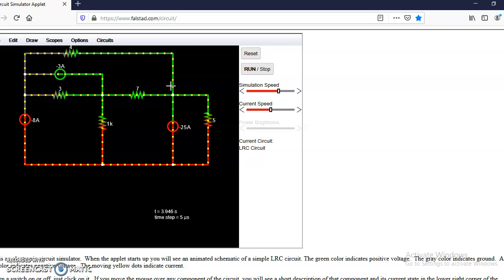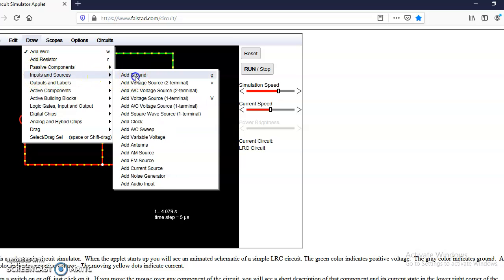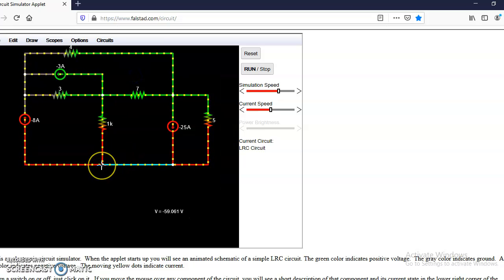We have completed the circuit diagram, but this is node analysis. Node 1 will be over here, node 2 over here, node 3 over here, but most important is node 4, which is the reference node. Here we require passive inputs: add ground, and put ground for this zero potential, because this is the reference node.